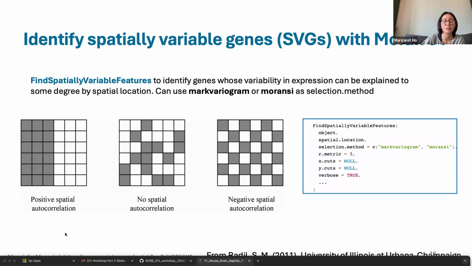So the idea is that for a particular gene, there might be cell neighbors that show similar gene expression for that gene, whereas -1 would show negative spatial autocorrelation, where neighbors are showing opposing gene expression, or you might have no spatial autocorrelation, which would be 0. And there's a command to run this called find spatially variable genes. It will specifically detect those genes whose variability in expression can be explained by spatial location, and we tell it to use the selection method Moran's I for that.